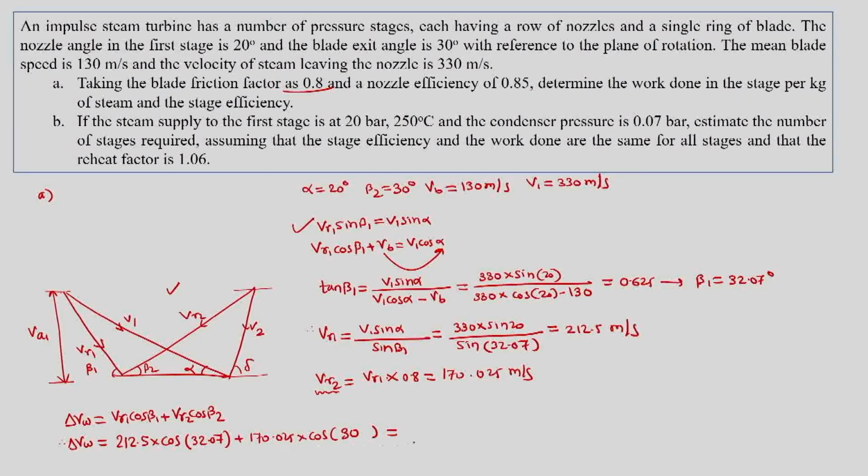So knowing this, we can find out delta VW, and this turns out to be 372.3 meters per second. We will go ahead and find out the rest of the things.